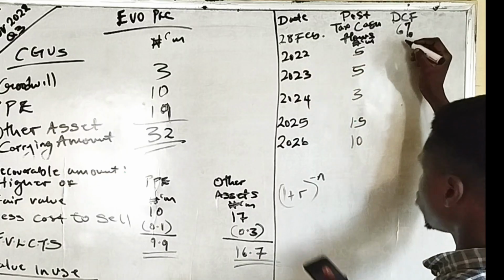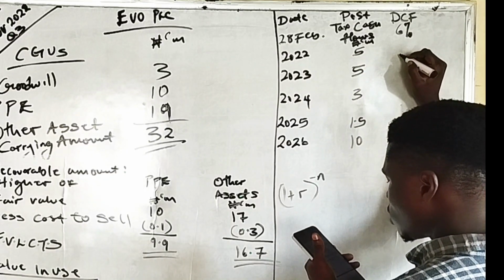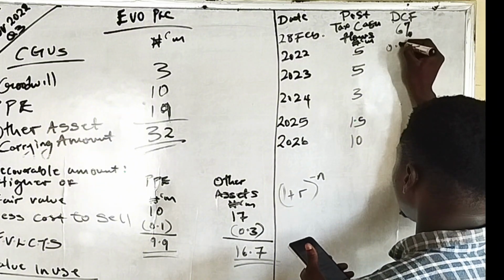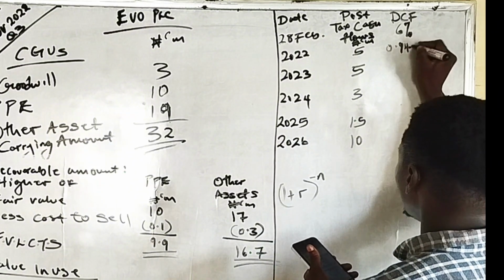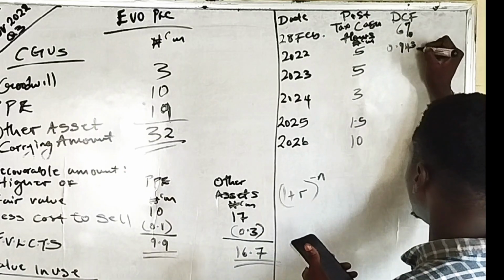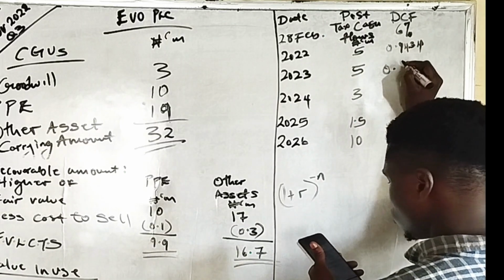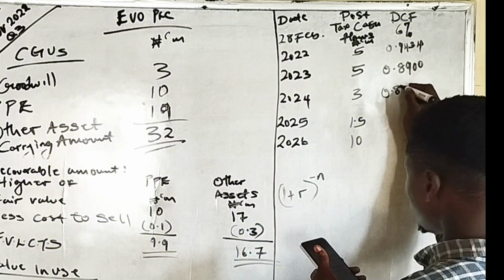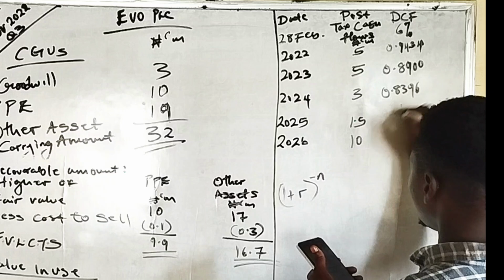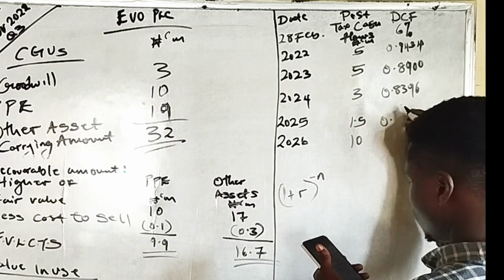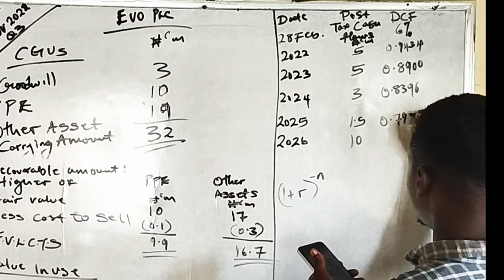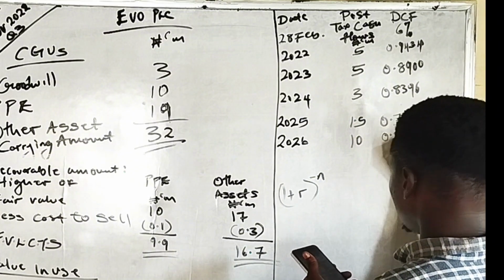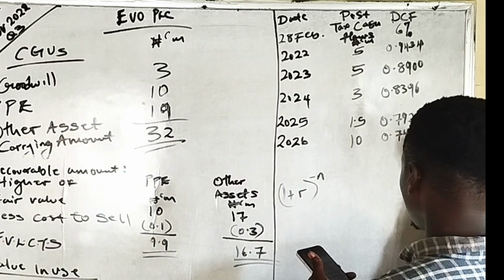So 2022, we're given that the discount rate is 0.9434. Then this is 0.8900, 0.8396, 0.7921, then 0.7473.